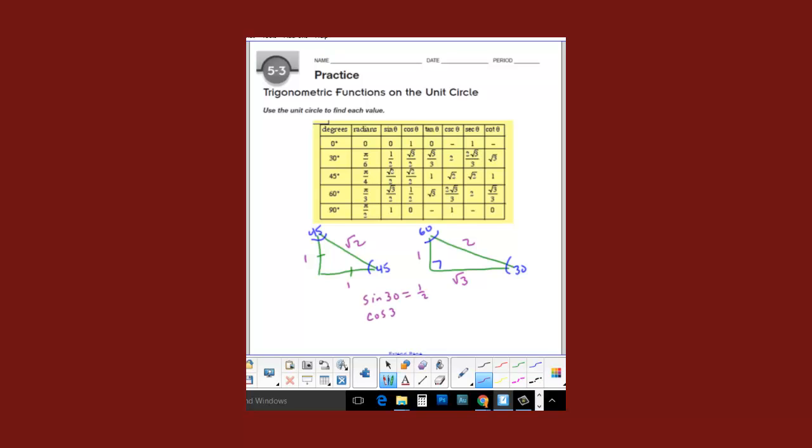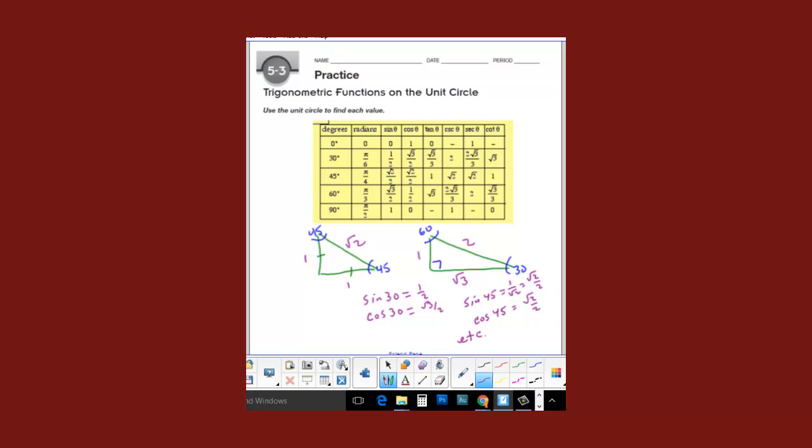So the sine of 30 is 1/2. Cosine of 30 is adjacent over hypotenuse, which gives root 3 over 2. Sine of 45 is 1 over radical 2, which is radical 2 over 2. Cosine is the same thing, radical 2 over 2.